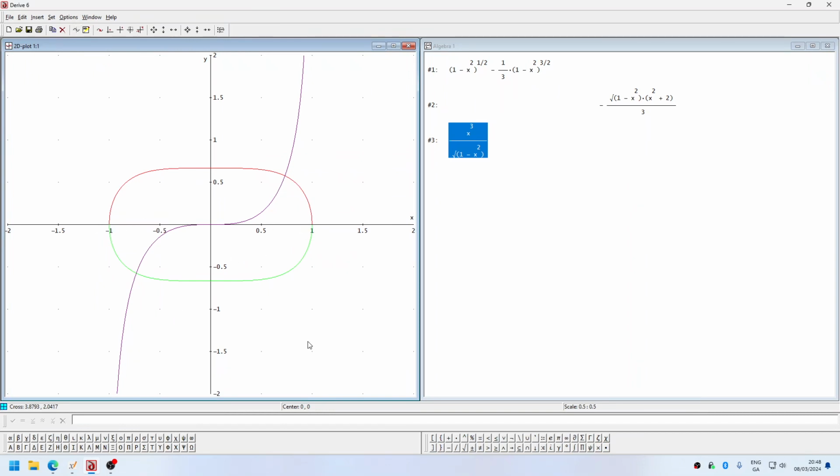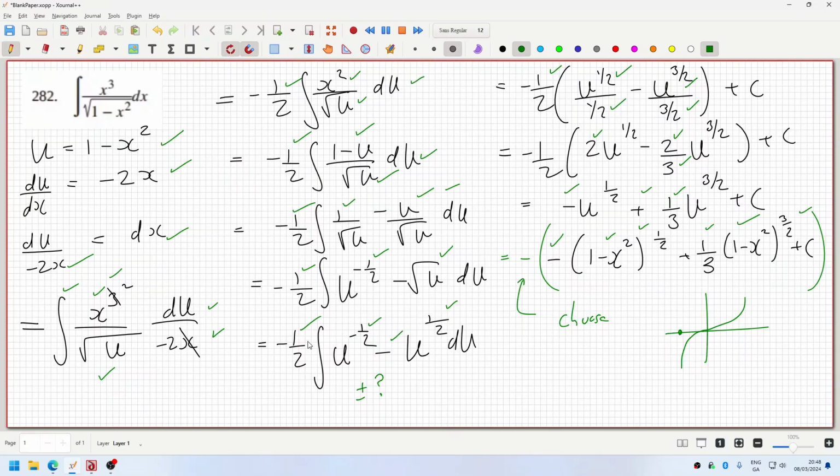No, I guess it could be the upper one too. So I'm not sure which to choose, the plus or the minus here. I guess it could be either.